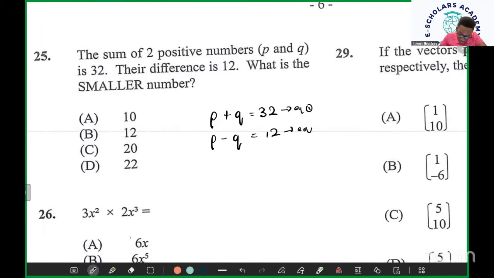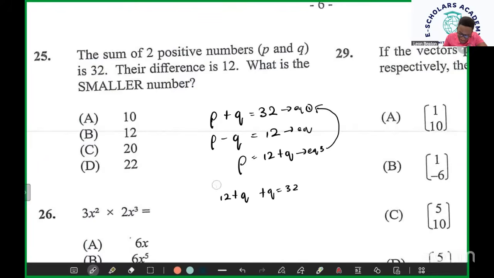So let's make P the subject here. P is equal to 12 plus Q, and this is equation 3. Let's put this in equation 1. So instead of P, we'll have 12 plus Q plus Q is equal to 32.